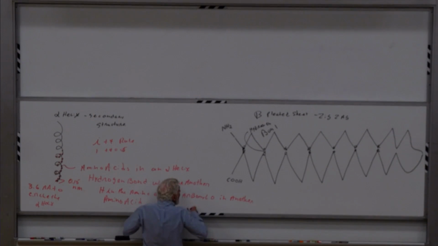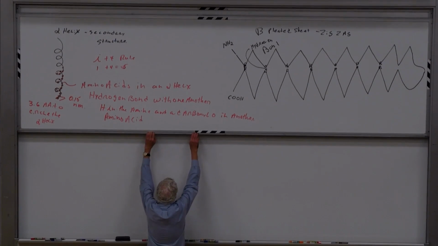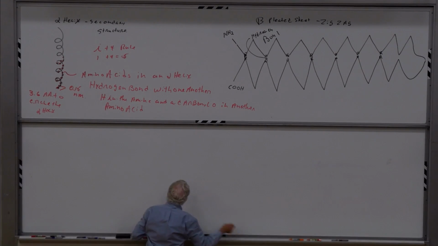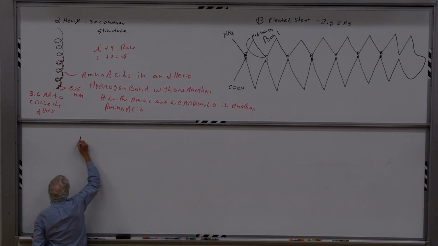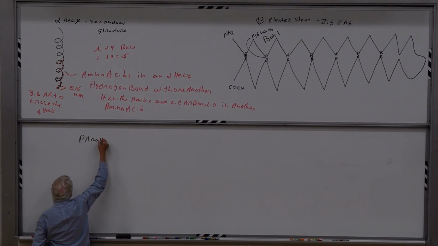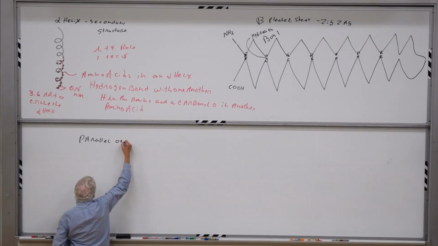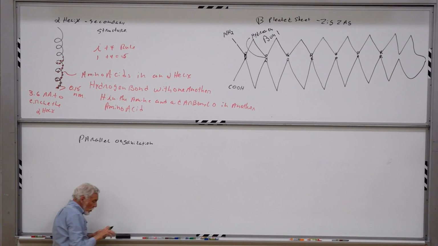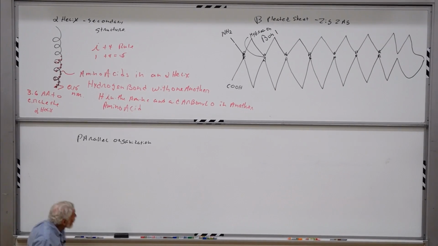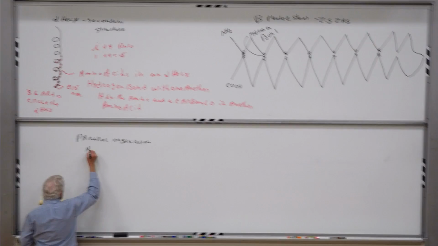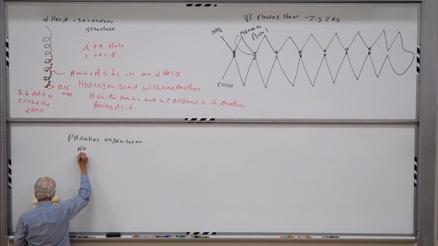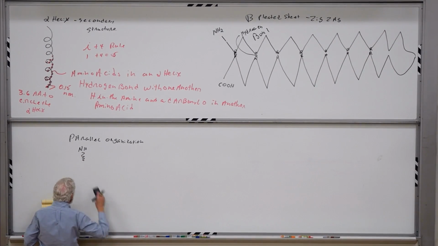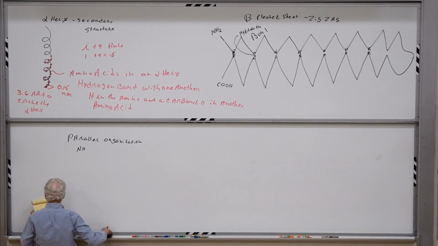So to imagine this kind of arrangement, and this is said to be the parallel arrangement or the parallel organization, we'll start here with the NH2. That's the amino terminus. And then we'll just have a string of amino acids.